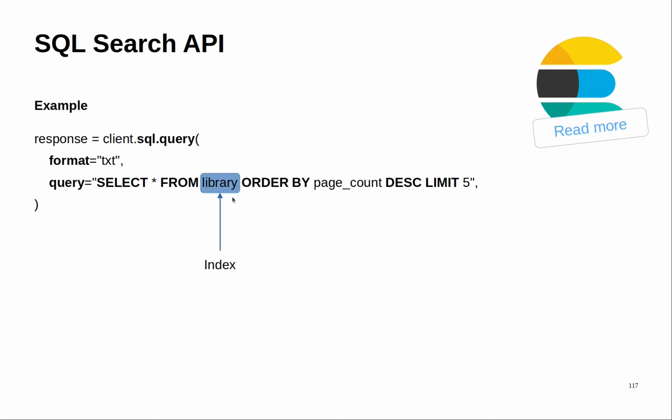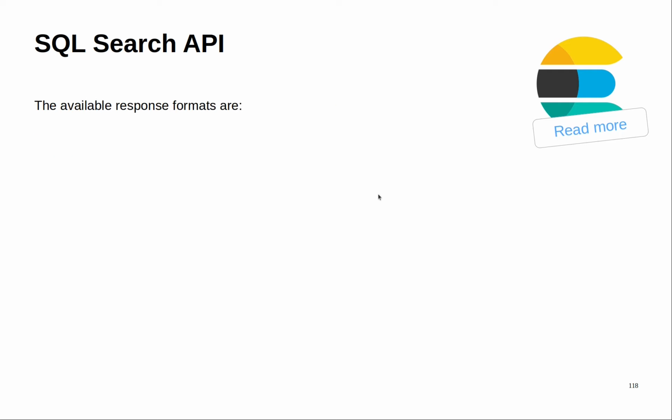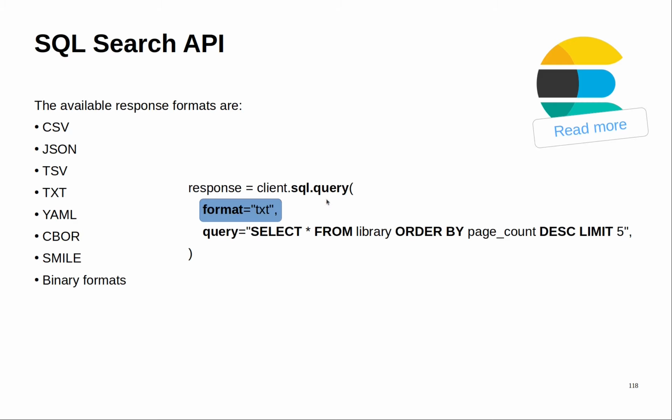Here, library is the index, page count is the field we are sorting by, and 5 indicates the size of the result set. Elasticsearch supports various output formats such as CSV, JSON, TXT, etc. To change the response format, simply include the format argument in your query method.